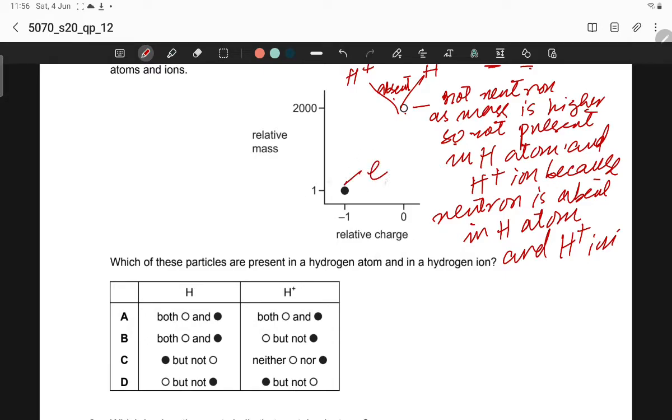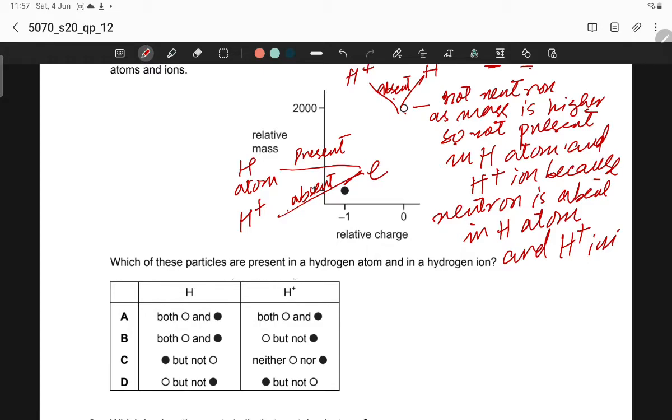This is electron which is present in hydrogen atom but absent in hydrogen ion.